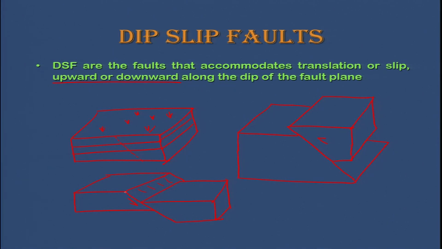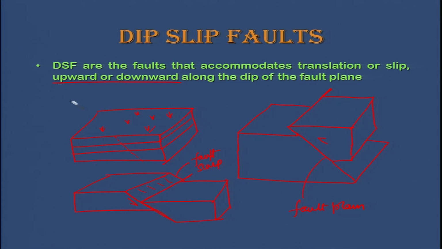So this portion is what we call a fault plane. And this is your surface expression, the fault scarp. And if the movement is along the strike, this will be the strike of the fault here, so on the surface it will be somewhere over here.